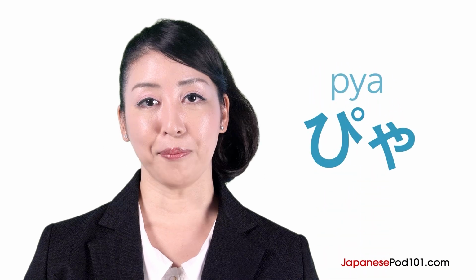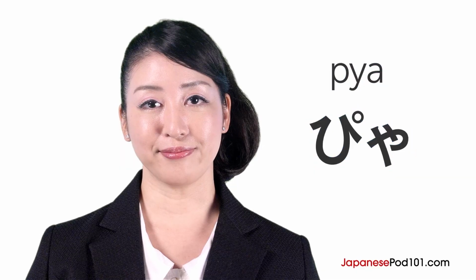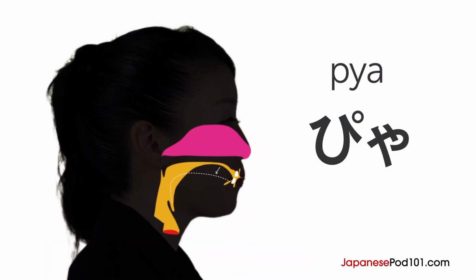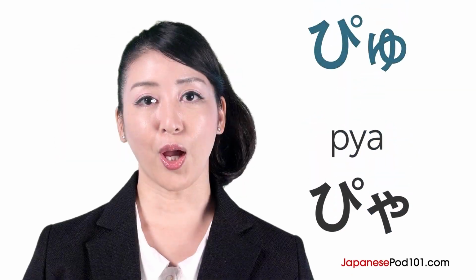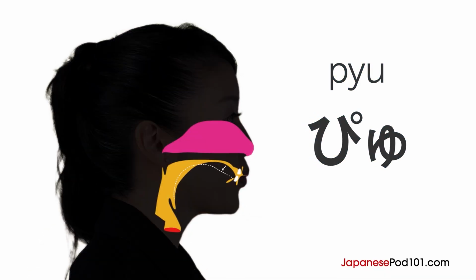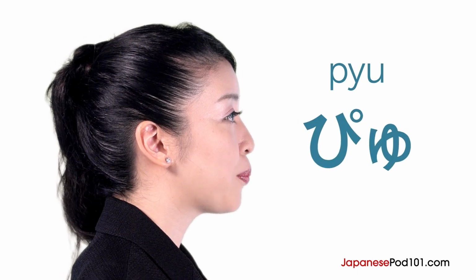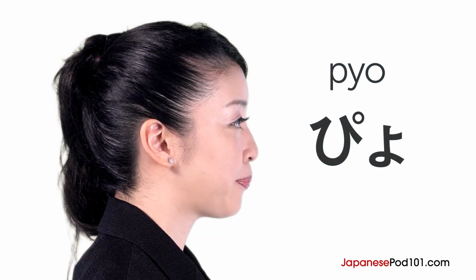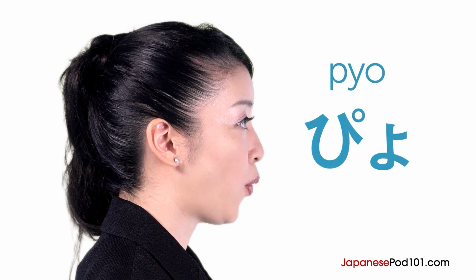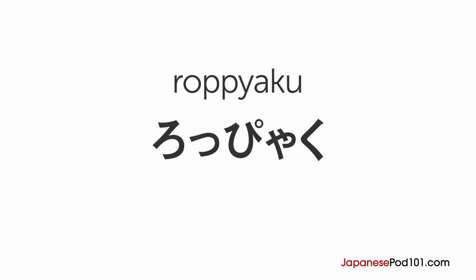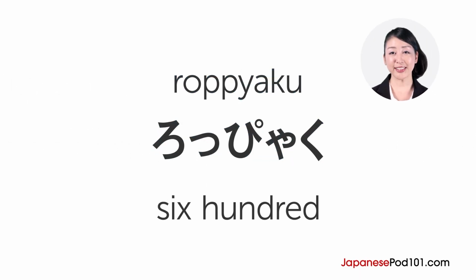ぴゃ、ぴゅ、ぴょ. Here are some sample words. 600.